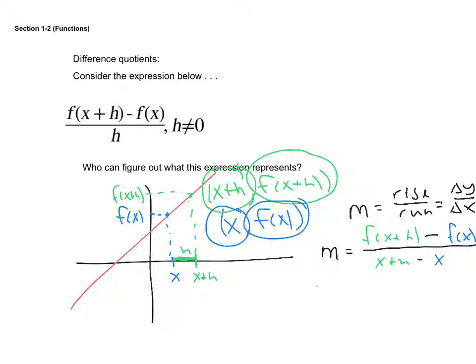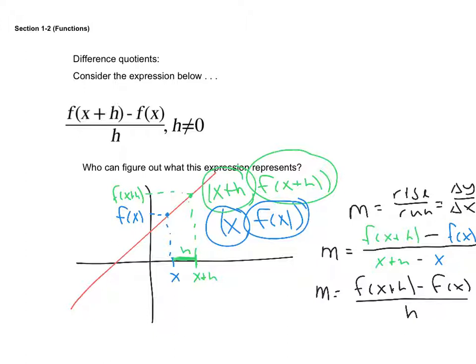So I got slope equals f of x plus h minus f of x over, and on the denominator I got x plus h minus x. The x's cancel out, so I'm left with h. And that is what that expression means. That expression is finding the slope of that function.